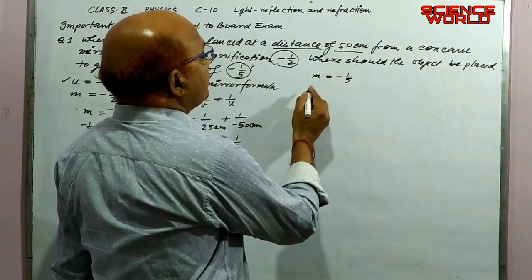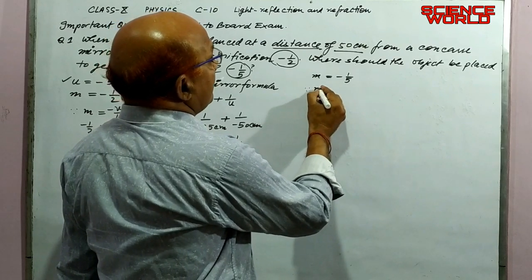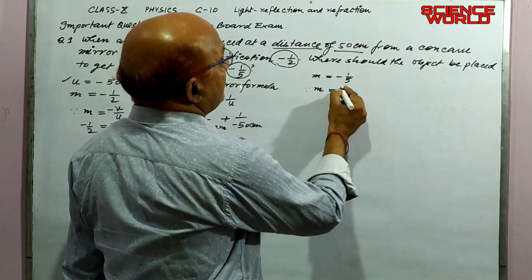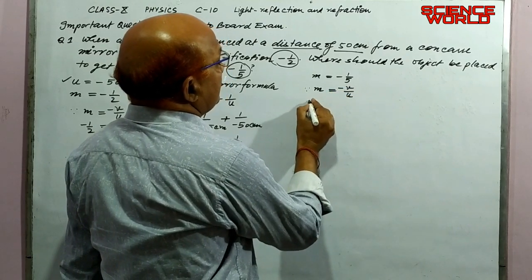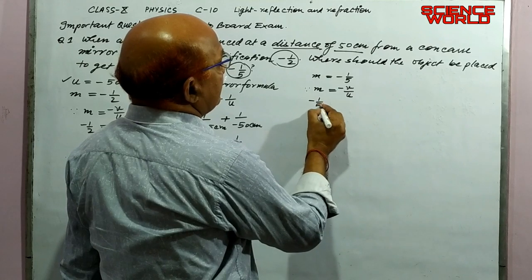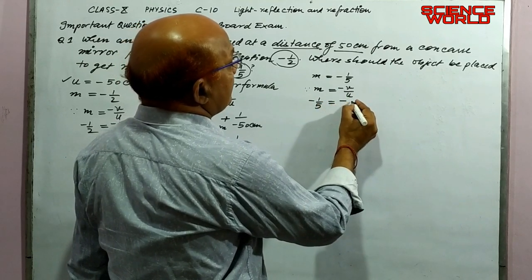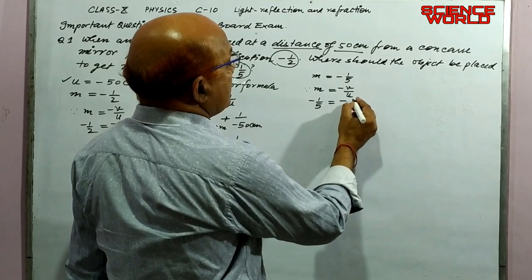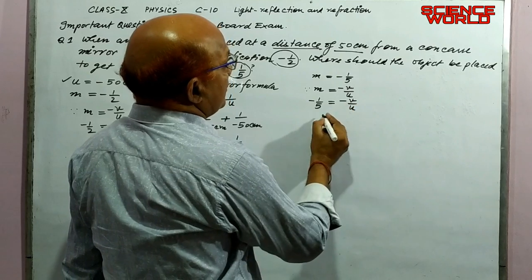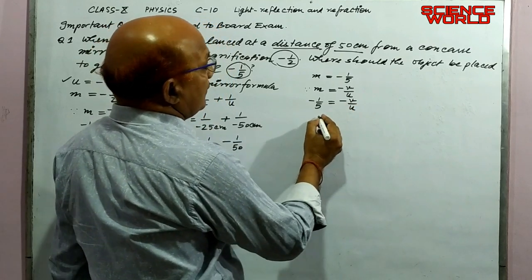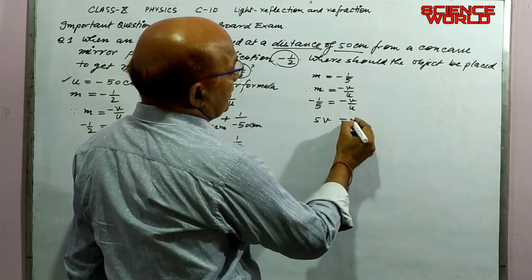So, we will use magnification formula, since magnification m equal to minus v by u. So, minus 1 by 5 is equal to minus v by u. It means 5v equal to u.